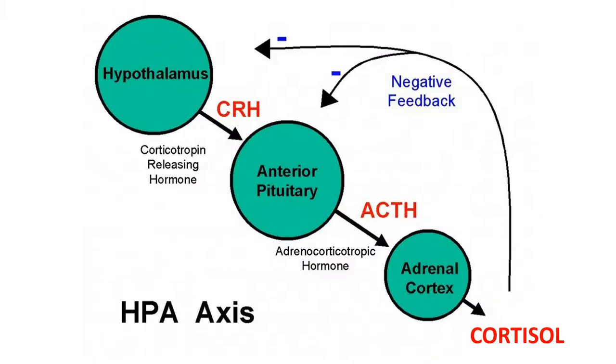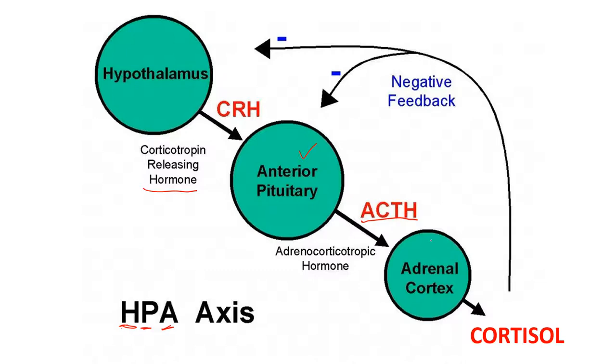And this is that axis, the HPA axis: hypothalamus, pituitary, adrenal axis. So the domino effect, so to speak, of how cortisol ends up getting secreted. Again, the hypothalamus secretes corticotropin releasing hormone. The presence of corticotropin releasing hormone in the anterior pituitary secretes ACTH, adrenocorticotropic hormone.